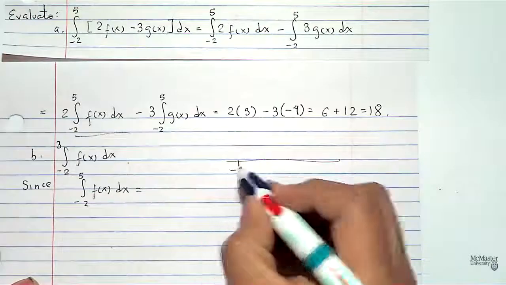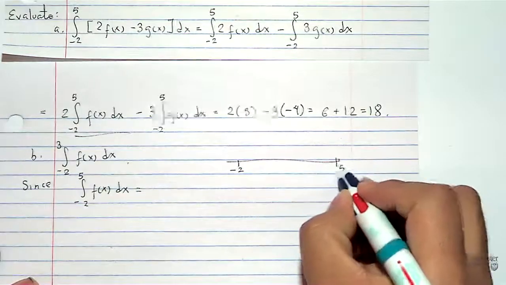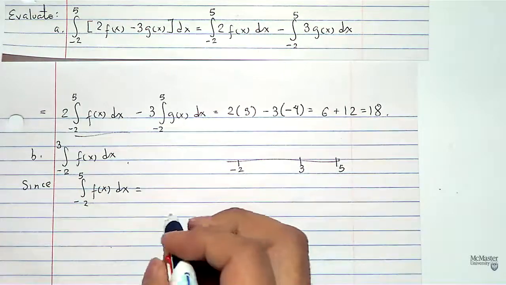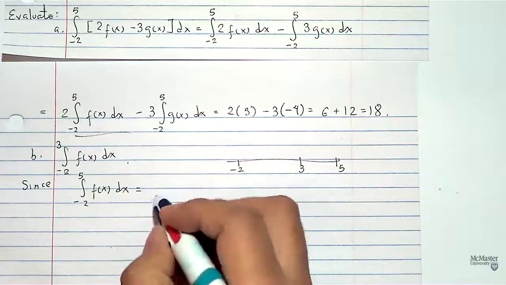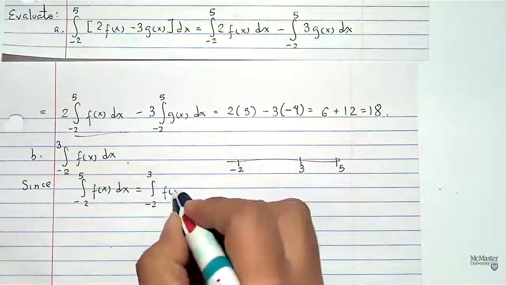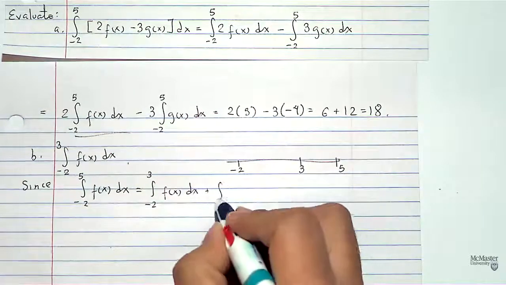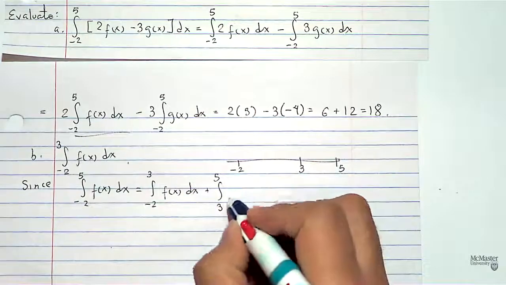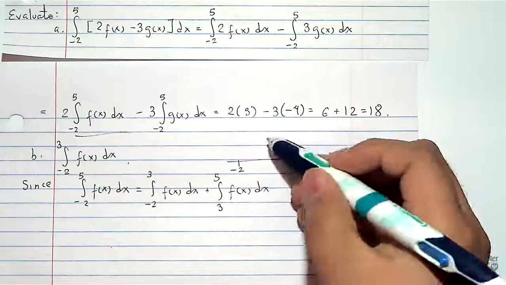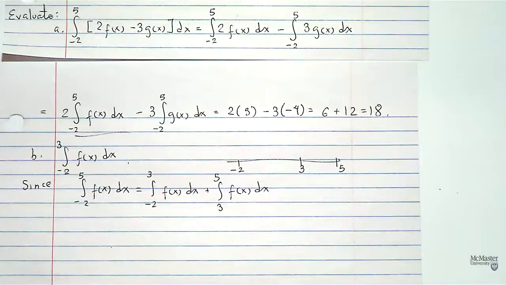So this is minus 2, 5, and then I have a point 3 over here, okay? So in this case, what I'm going to do is precisely to split the interval. First, I go from minus 2 to 3 of this function, f of x dx, and then I go from 3 to 5 for this integral as well. Okay? Is this intuitive? Does it make sense? Do you guys see what I'm doing here?